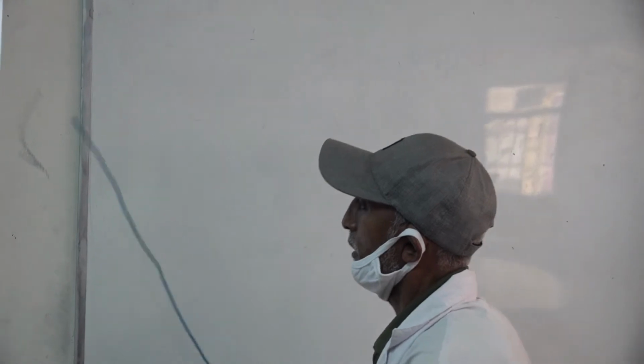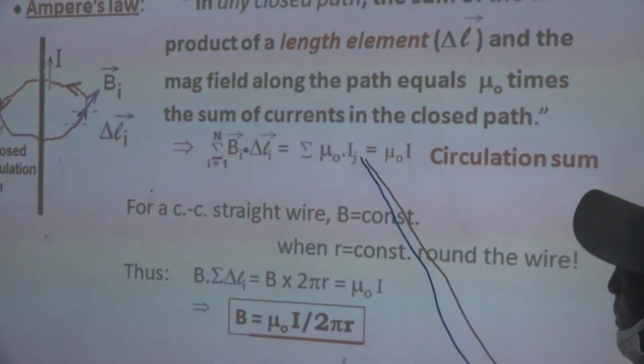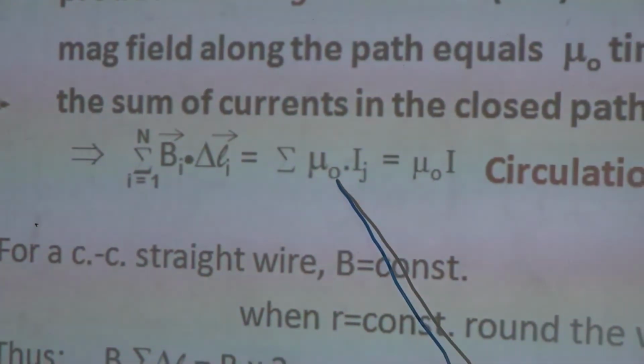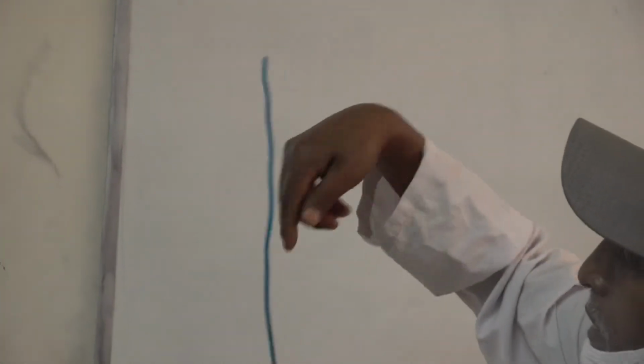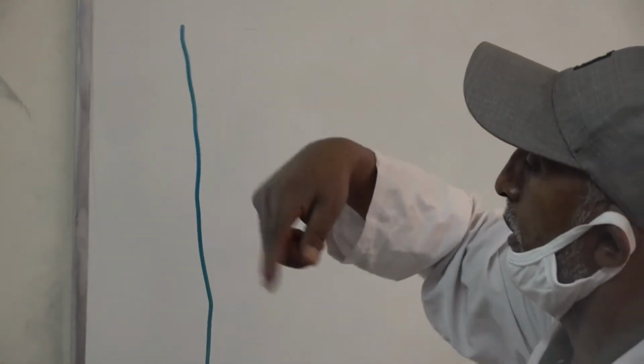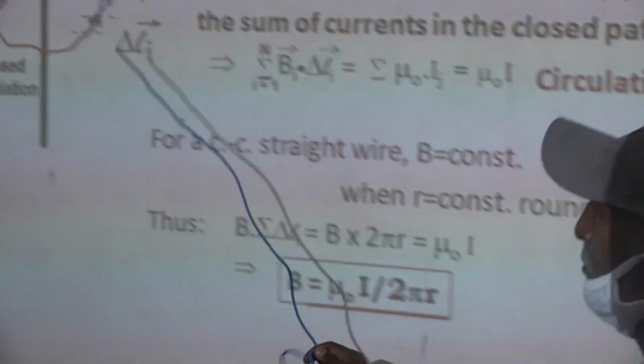And he said, the sum of B dot delta L is equal to a constant mu0 times the sum of currents in the path along which you travel. So in that circumference area, as you can see from here.